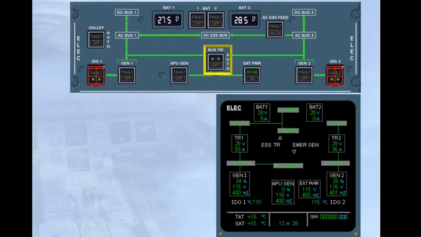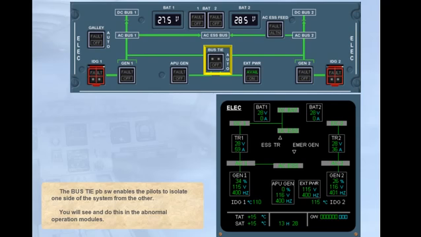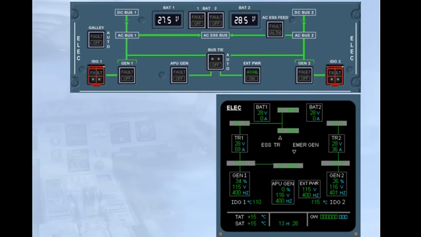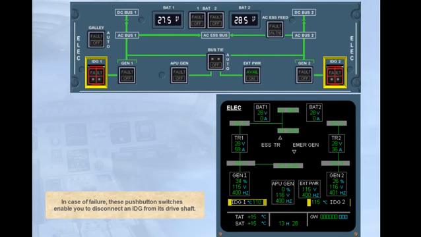The Bus Tie push-button switch enables the pilots to isolate one side of the system from the other. You will see and do this in the abnormal operation modules. In case of failure, these push-button switches enable you to disconnect an IDG from its drive shaft.